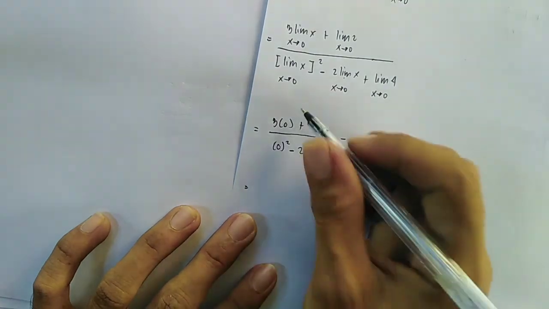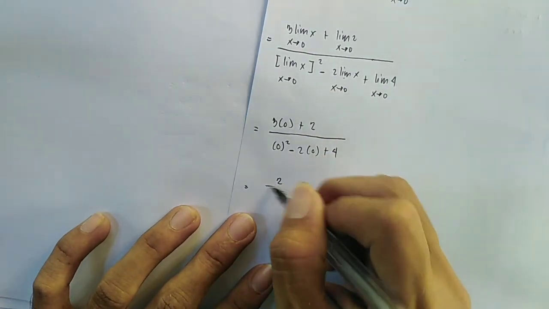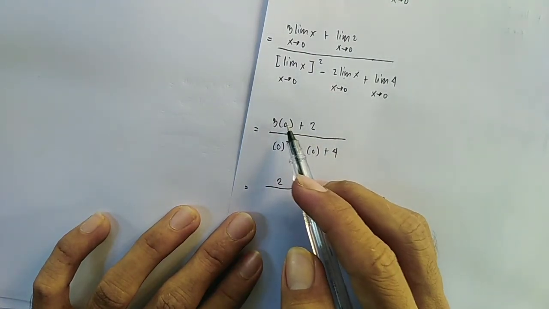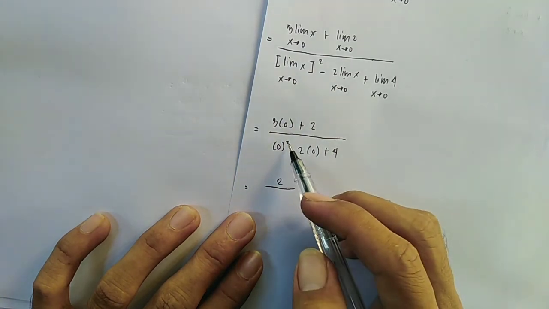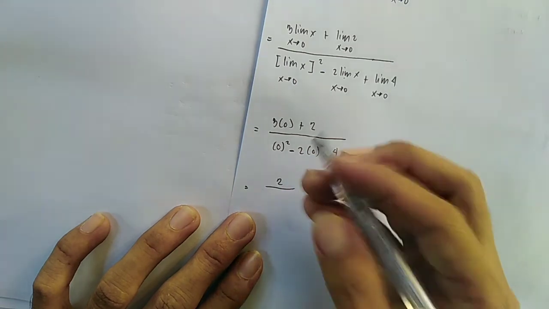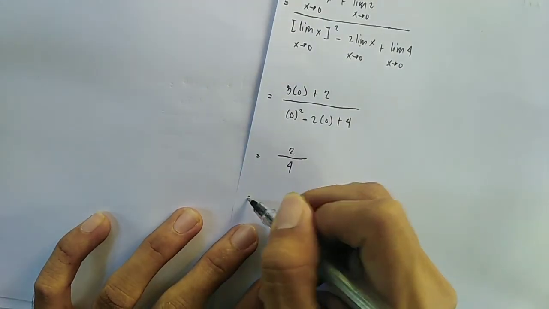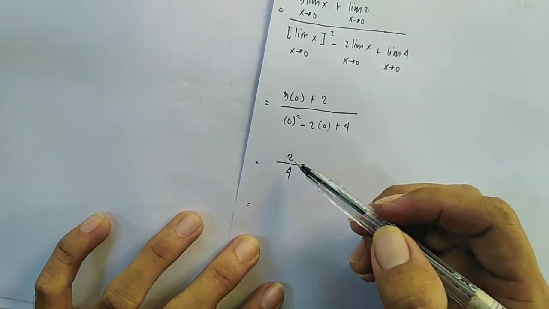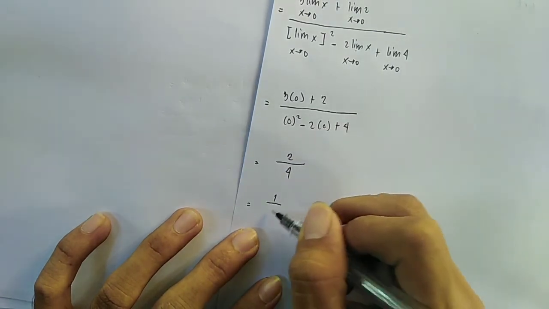So we have 3 times 0 plus 2, that is 2. Again, 3 times 0 is 0, plus 2 is 2. 0 squared is 0, minus 2 times 0 is 0, plus 4 becomes 4. So we can reduce this to lowest terms: by 2, you have 1/2.